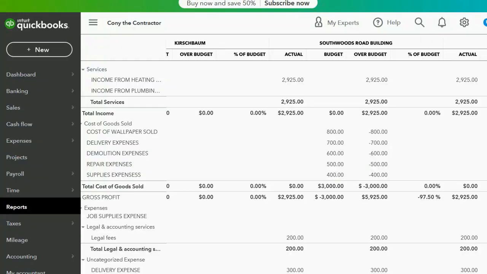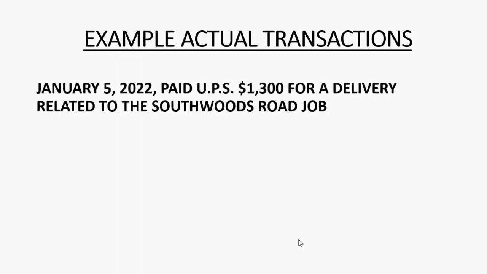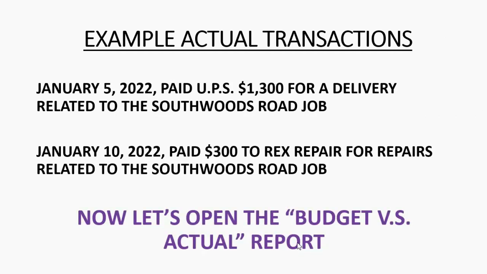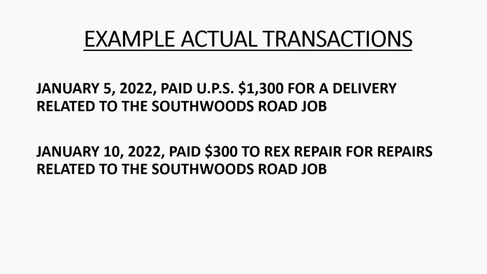But the good news is we can enter actual transactions for that time period and then reopen the budget report and see what happens. So if you like, you can pause the video and enter these two. I'm going to pause the video and enter a $1,300 delivery for January 5th for Southwoods Road paid to UPS.